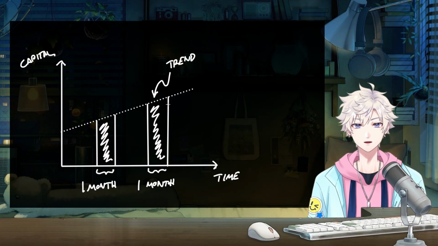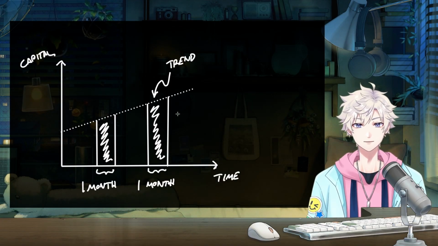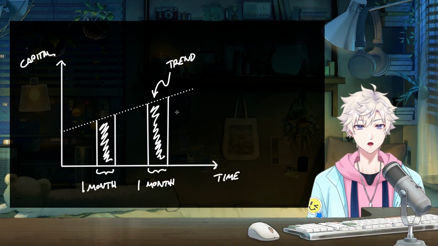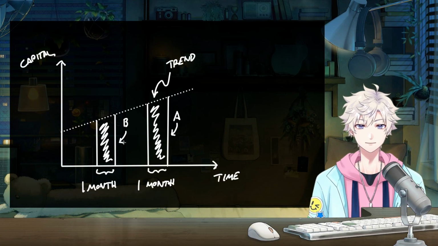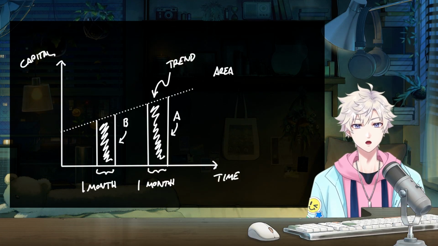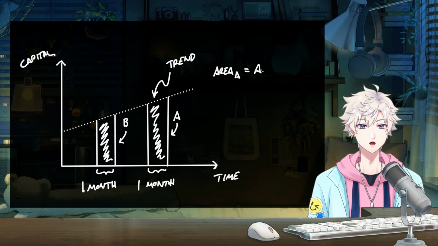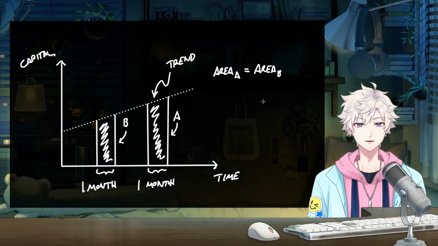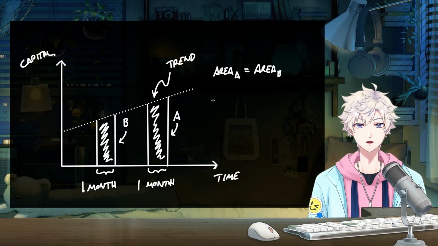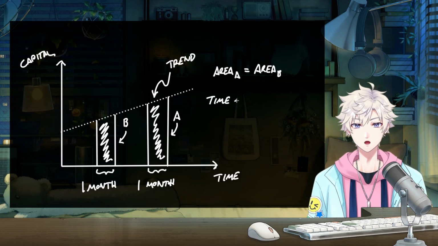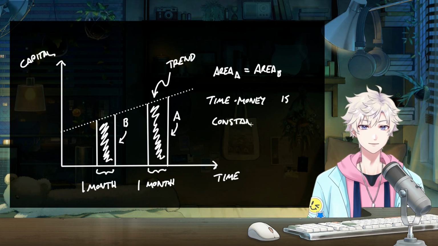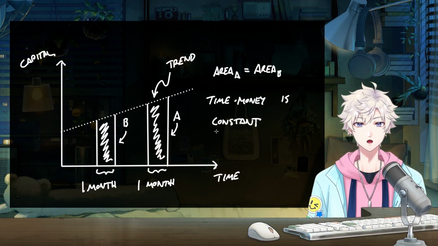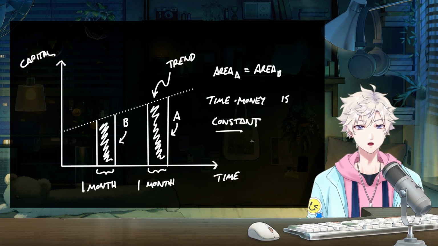If you take 2 different months and the person's salary hasn't changed, or their rate hasn't changed if they're a consultant, the areas underneath each of these regions is going to be equal. And so as they move through time, the amount of money that they earn per unit of time is the same. It's a constant. Notably, they have to be working for that to be true, right?